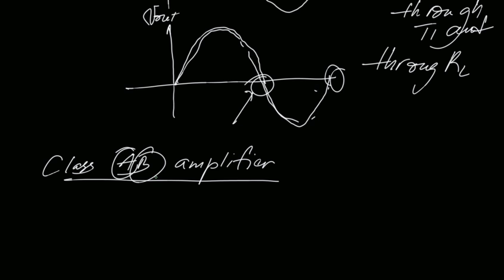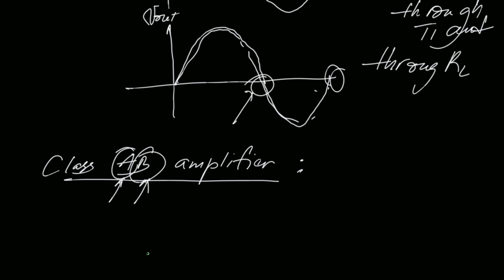And it has the advantages of a class B, which means that the transistors do not conduct when there's no Vin. They only conduct when there's a Vin present. So it behaves like A in the fact that there's no crossover distortion, and it behaves like B in the sense that the transistors do not conduct unless there's a Vin present. So that's the reason why we call it a class AB amplifier.